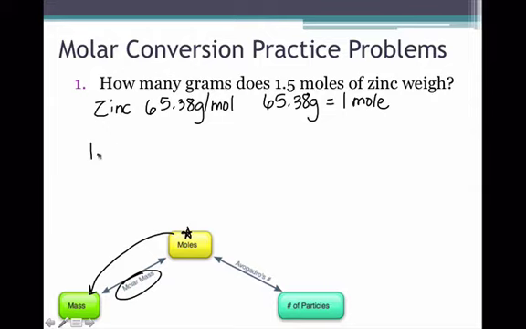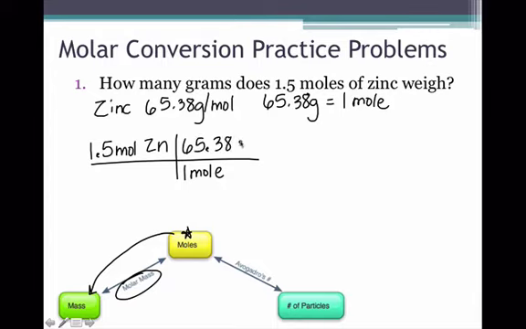I start with what's given, so I have my 1.5 moles of zinc. And this is just going to be one step because I can jump from here to here using the molar mass. So I'm going to take the 1 mole of zinc from the conversion factor, and I'm going to put it on the bottom, and then I'll put the molar mass on top.